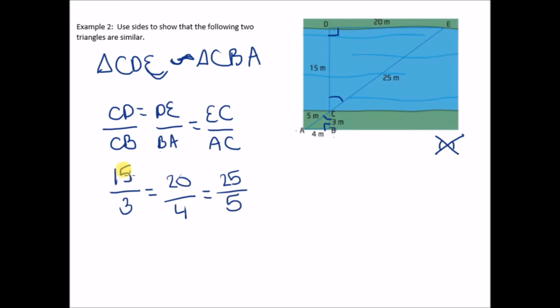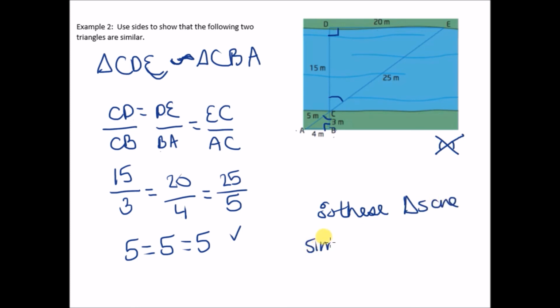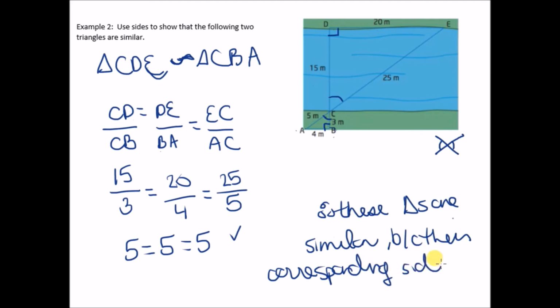So we can see that 15 divided by 3 is 5, 20 divided by 4 is 5, and 25 divided by 5 is 5. Therefore, these triangles are similar because their corresponding sides have the same ratio.